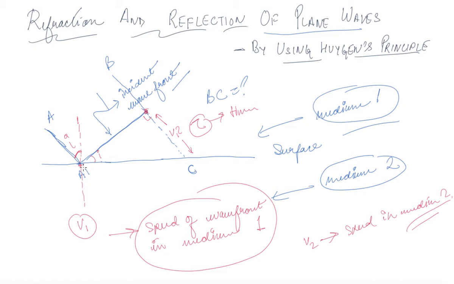Now if I extend this line, this angle will be the angle of refraction. So the angle of refraction, let's denote it by this green color, R. If this is the angle of incidence, this will be the angle of refraction.